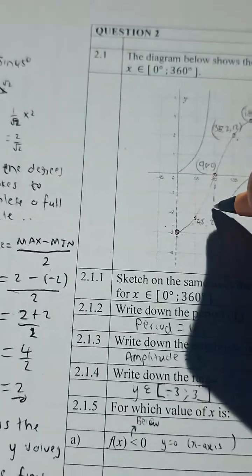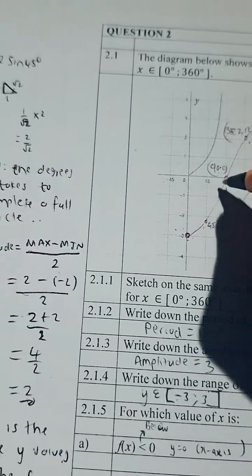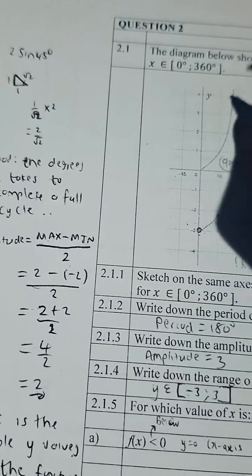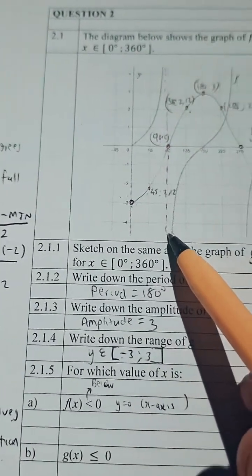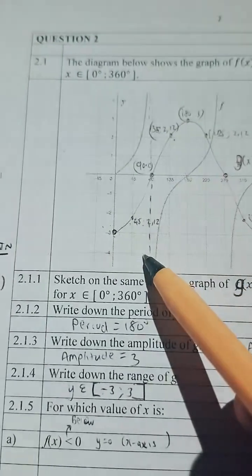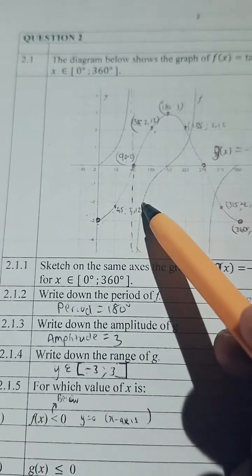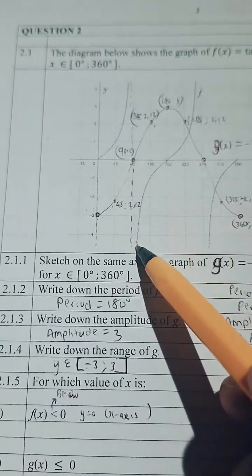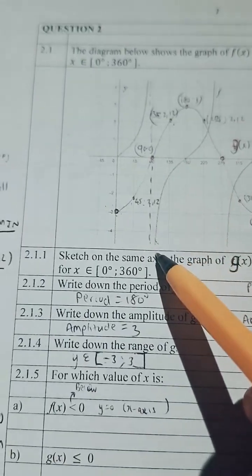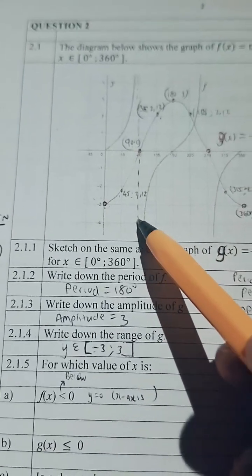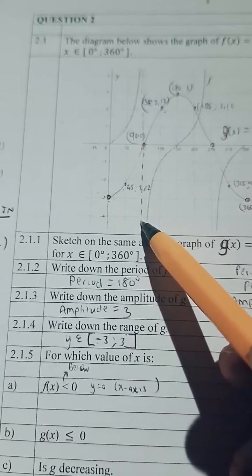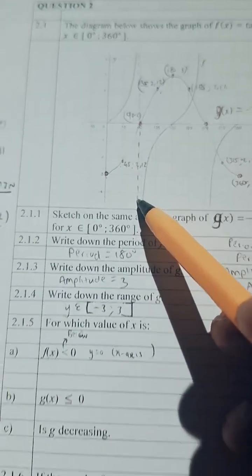Okay, because in a tan graph, we know that the line x is equal to 90 degrees has something that we call the asymptote, the vertical asymptote. What does the vertical asymptote do? It basically limits the function from actually going beyond this line, right? So it will approach that line, but it will never touch it. Okay, so that's very important to note.